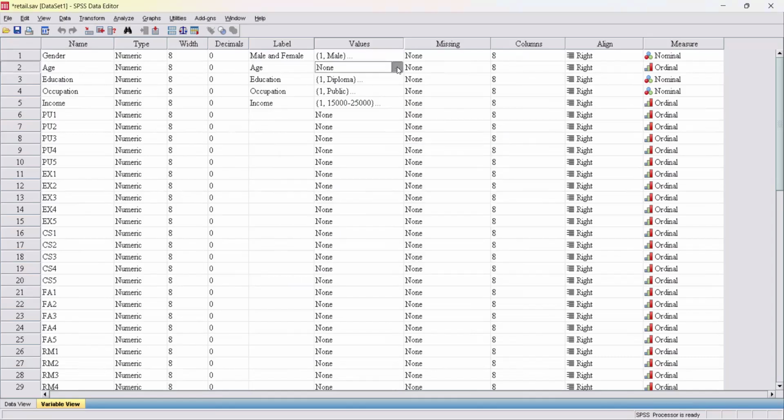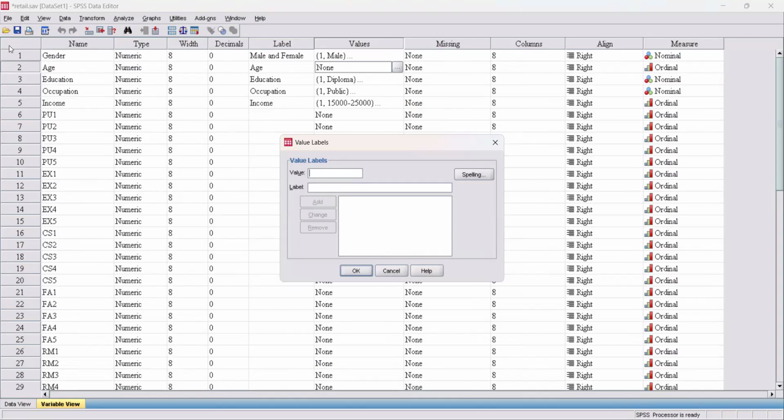The same way, for age, we can say the level will come under 25 to 35. Click on add, and we go further to 35 to 45 age group. Add.